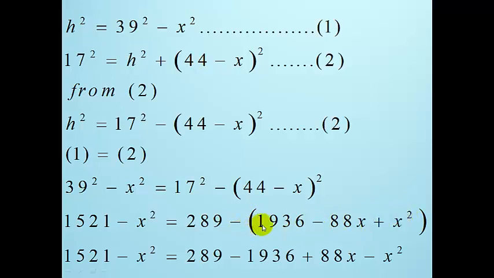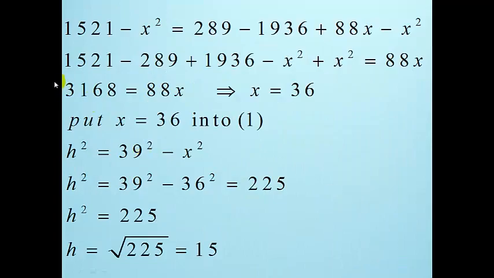So minus 1 times 1936 is minus 1936, minus 1 times minus 88x gives plus 88x, and minus 1 times plus x squared gives minus x squared. Now let's proceed. 1521 minus x squared is equal to 289 minus 1936 plus 88x minus x squared.